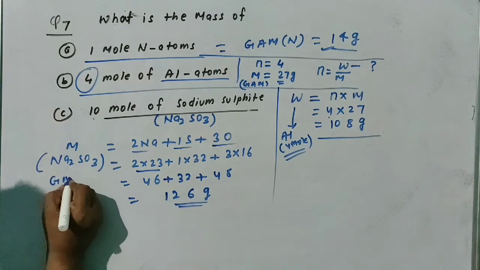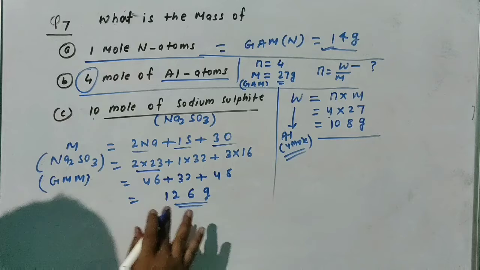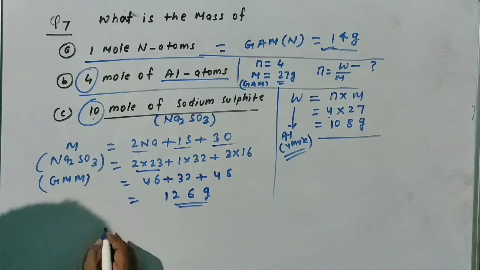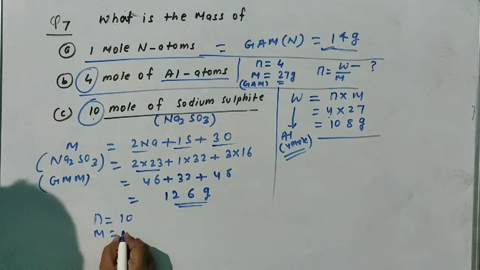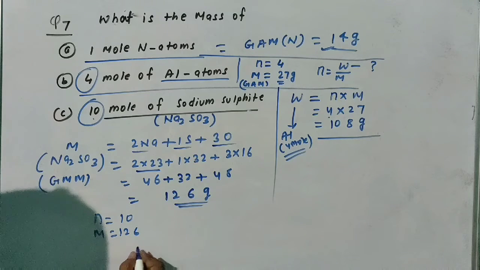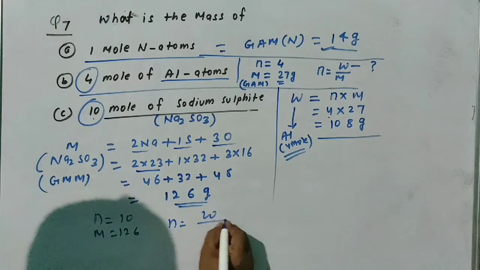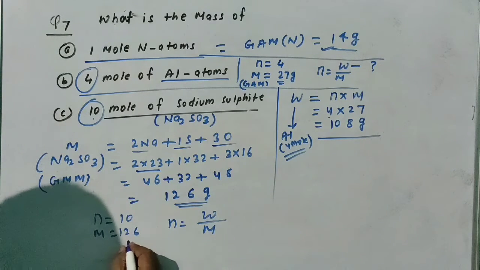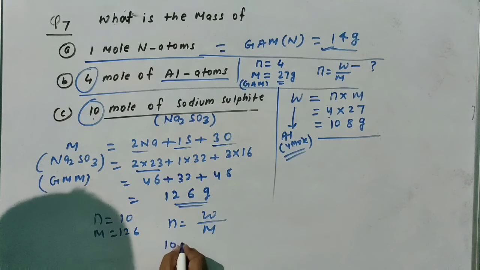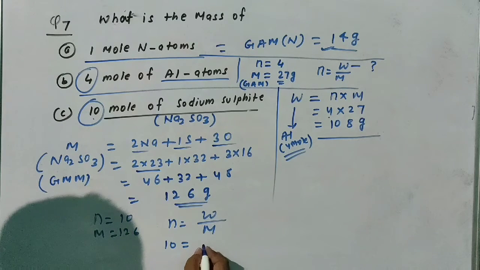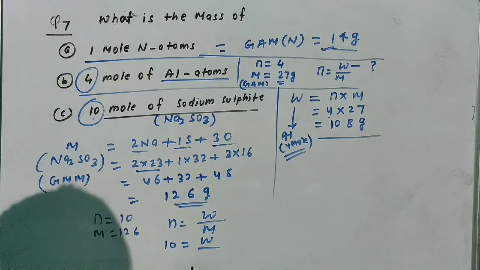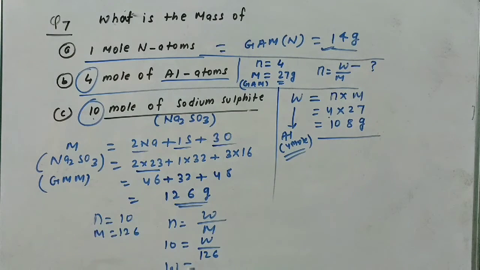Gram molecular mass. Now 10 mole. So number of mole is equal to 10. And molecular mass is given 126. So the N is equal to given mass upon molecular mass. N is equal to 10, and we have to find W, and 126.